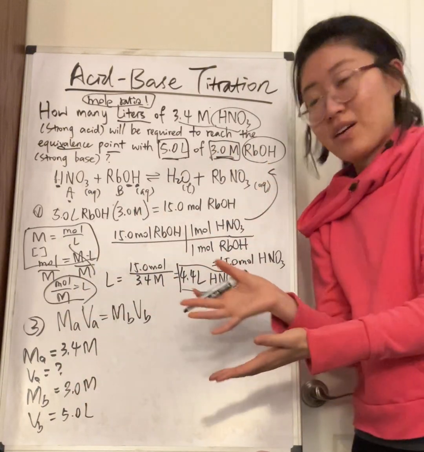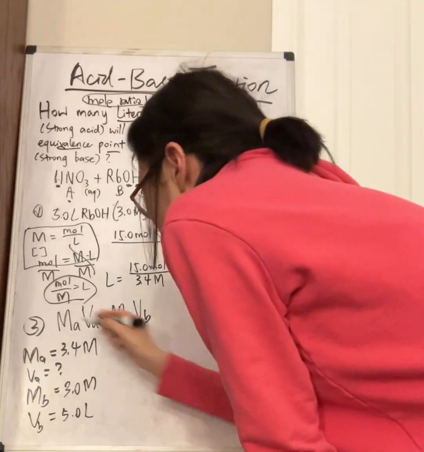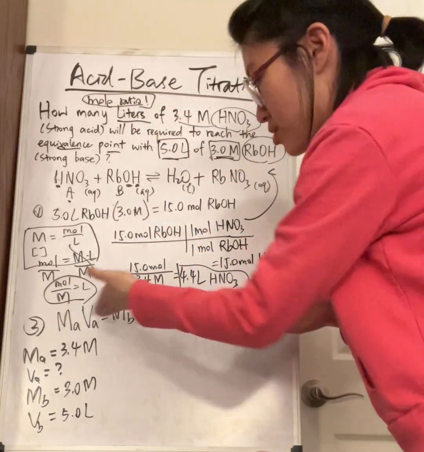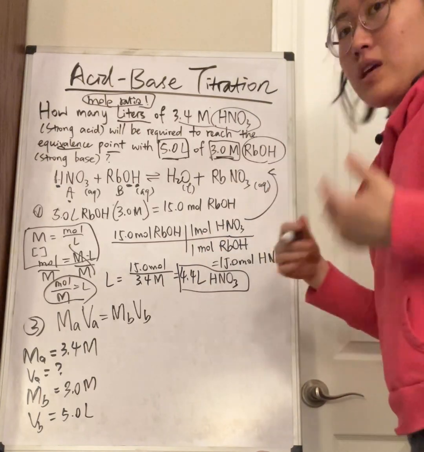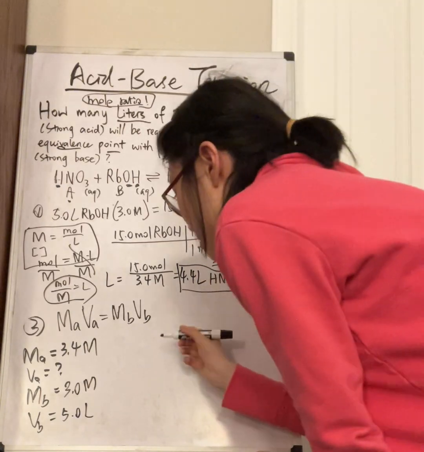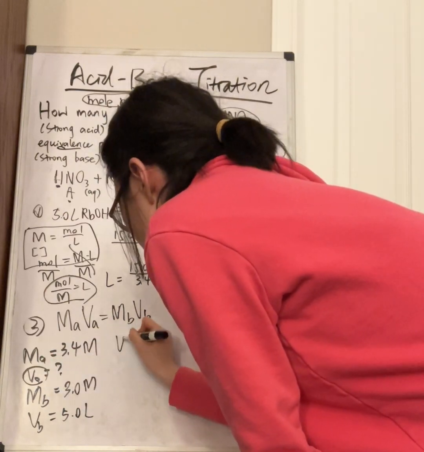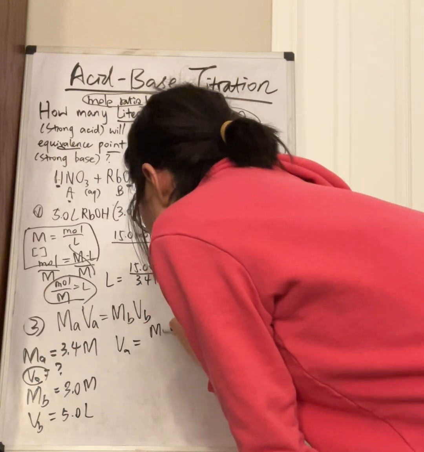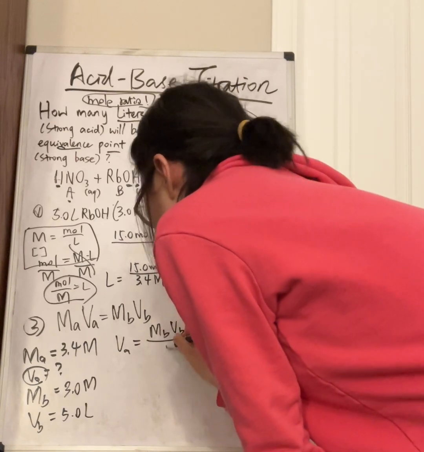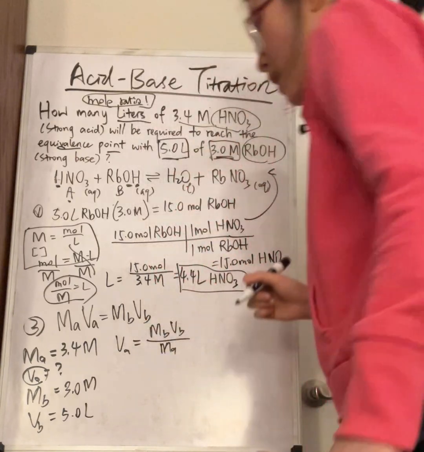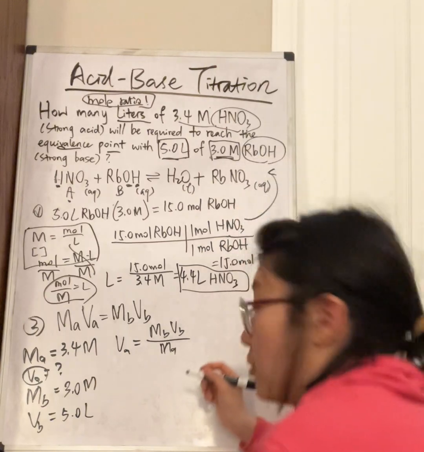Just plug these in. Okay, but before I do that, we have to change this formula to make it look easier and read nicer. We're asked to find the volume of the acid, so we can rearrange this: MB times VB divided by MA is going to equal VA. Okay, so plug those data in.